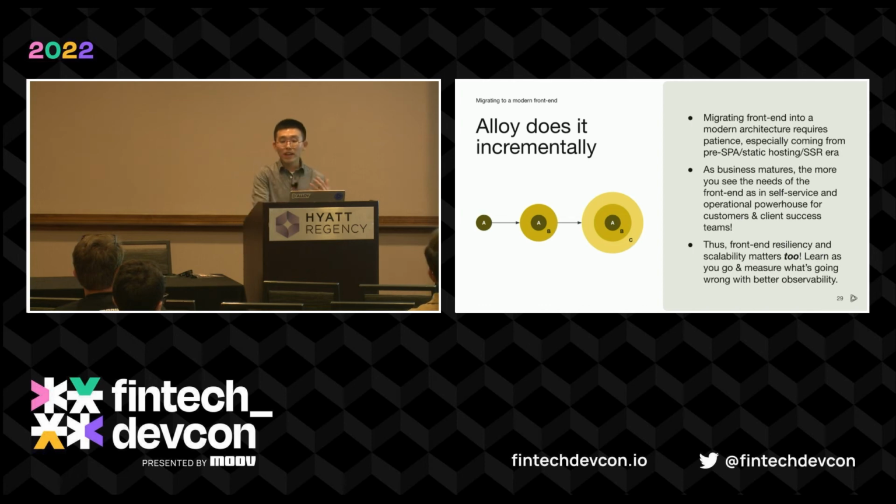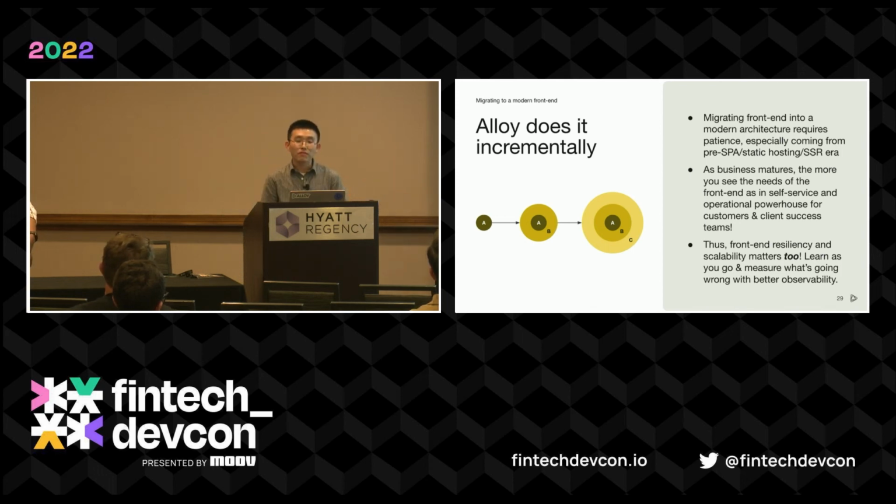Migrating into a modern architecture and modern code base requires patience, especially if you're coming from pre-SPA, server-side rendered, to a fancy new fast website like Vercel, static hosting. This is a common problem in the industry that you will get to deal with as your front-end code base matures.